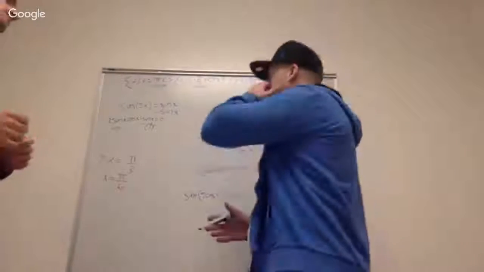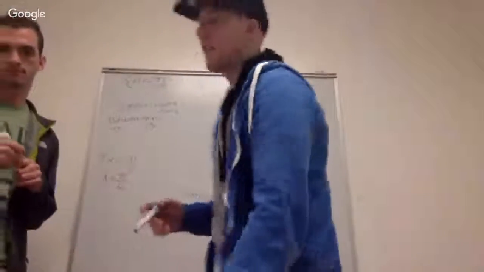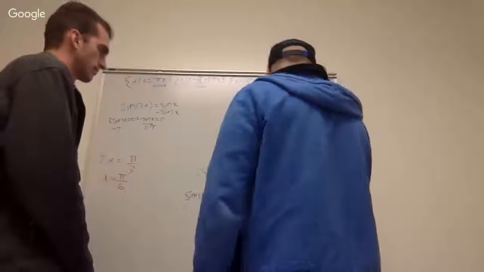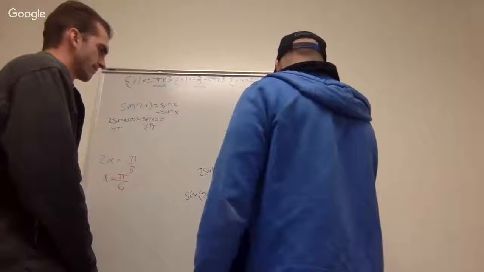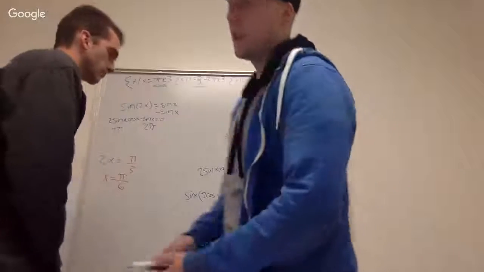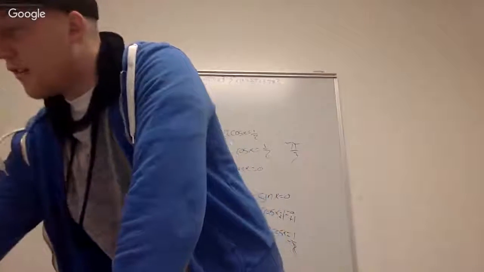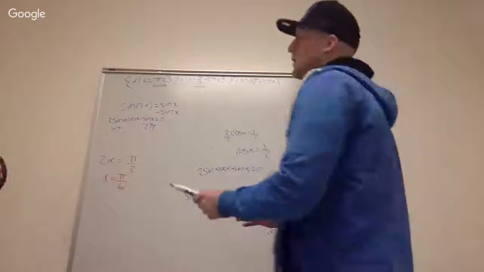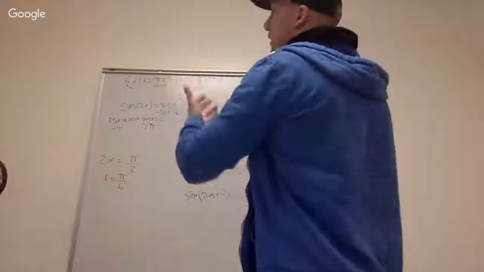It has to fit. So what did he ask? For all solutions, right? Because if it was negative 1/2, you would look and see cosine is negative 1/2 at 4 pi thirds. It's also negative 1/2 at 2 pi thirds. And then we would have to see if those fit the equation.